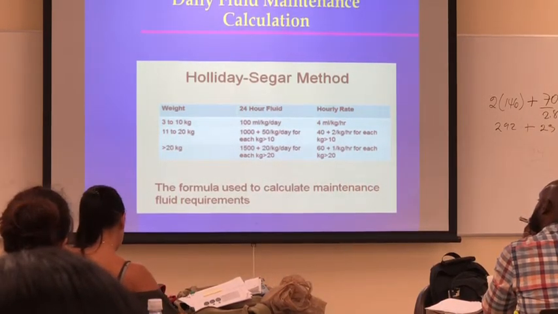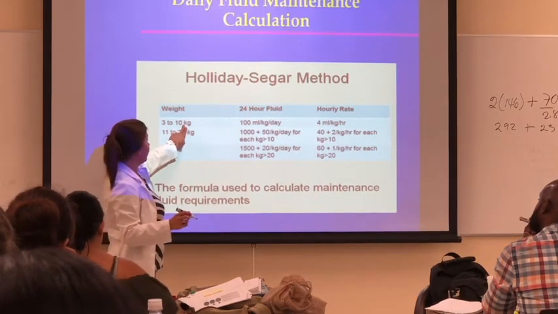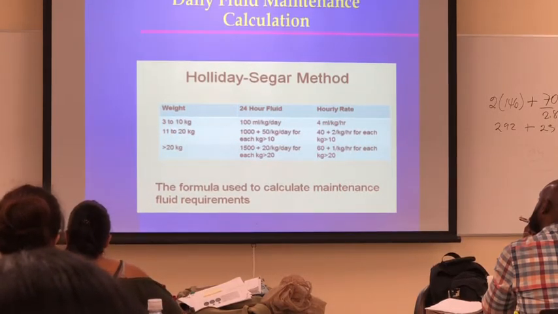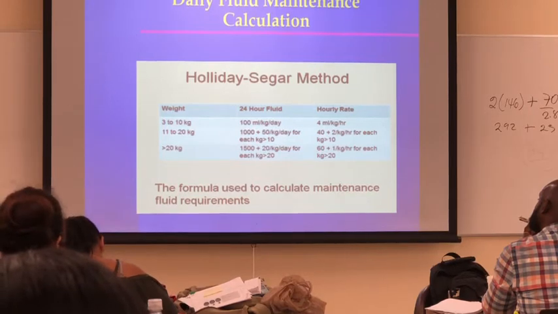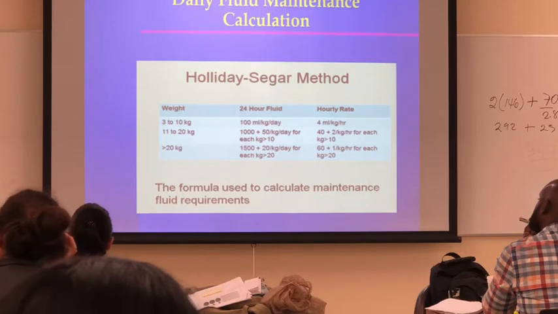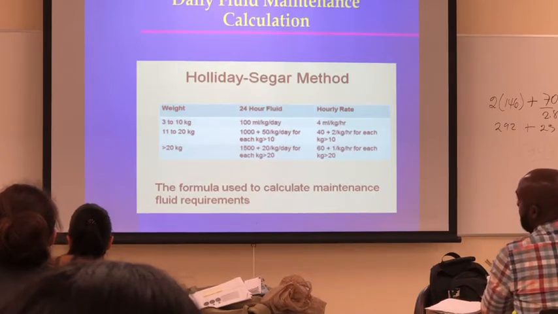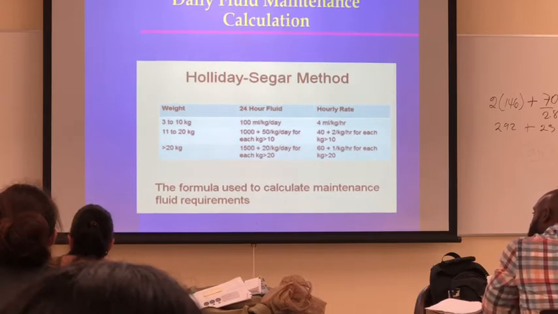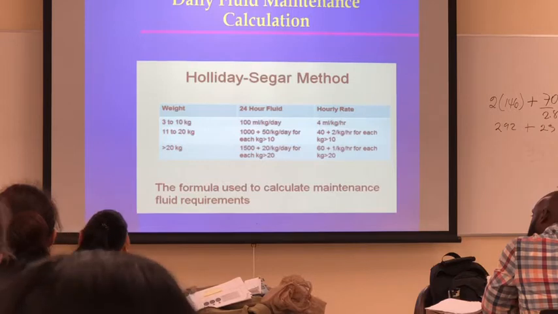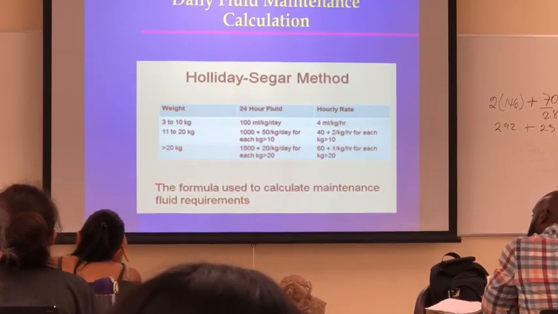Let me break it down: you're 70 kilograms. If I break it into the first 10, the second 10, and the rest, that means I have 20 here, and for 70, I need 50 more.